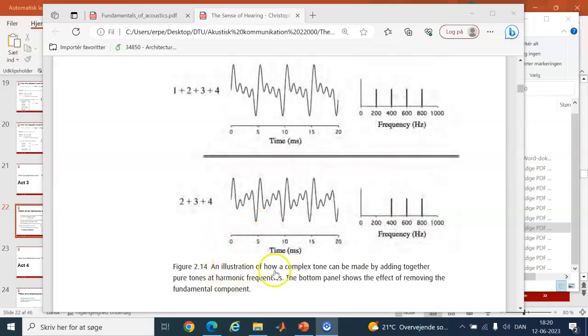An illustration of how a complex tone can be made by adding together pure tones at harmonic frequencies. The bottom panel shows the effect of removing the fundamental component.